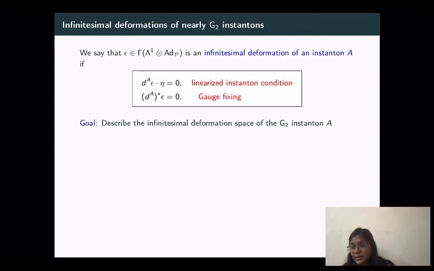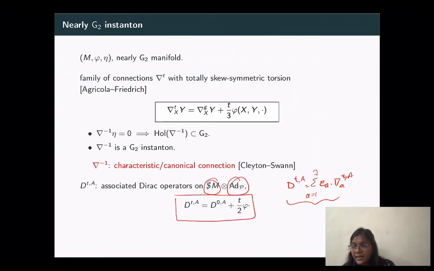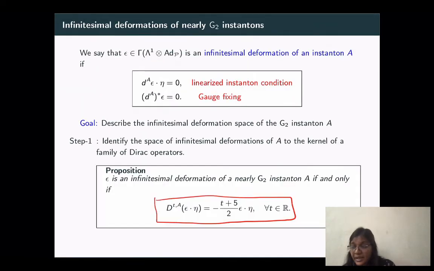Since D^A_t are related by this relation, if it satisfies this condition for one of the t's, it will satisfy the condition for every t. So here we only need epsilon to satisfy this condition for any one of the t's, because they are all very related. So it's an equivalent condition.